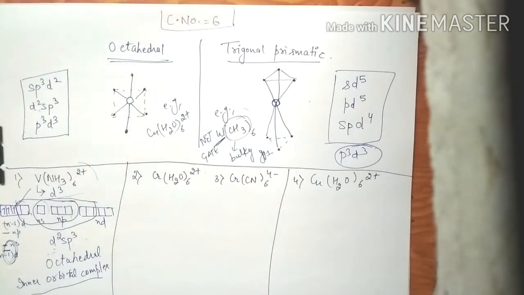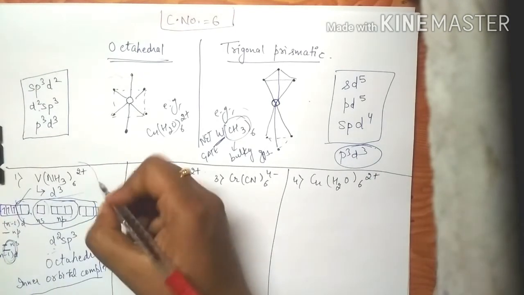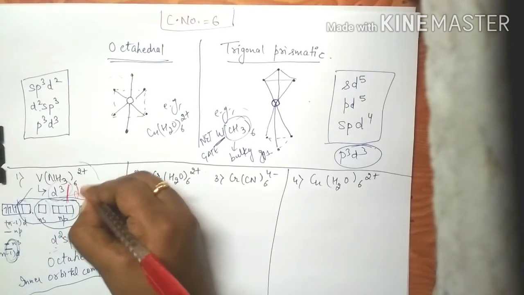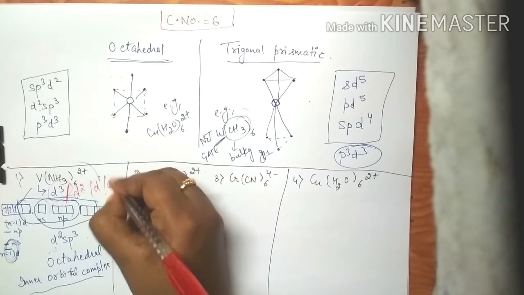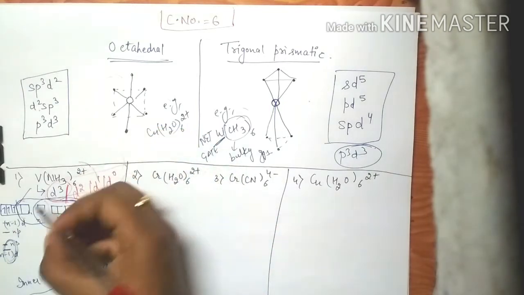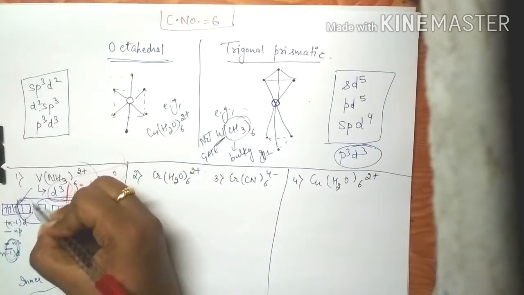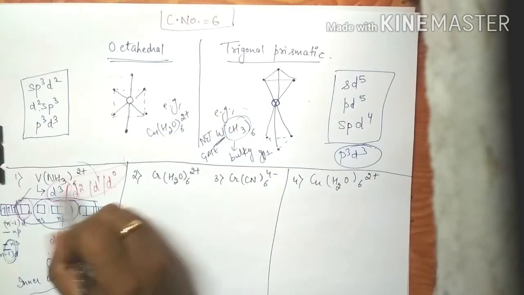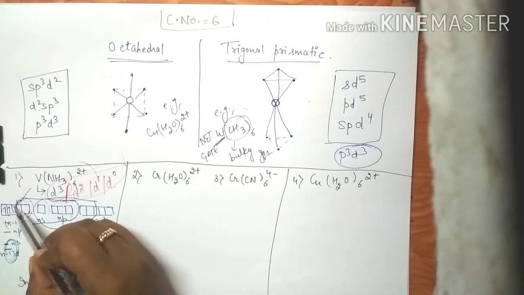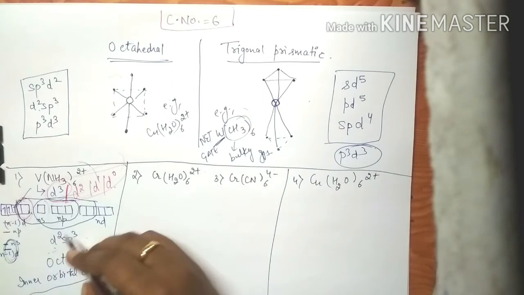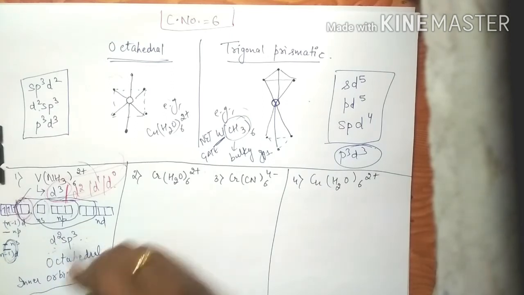From here I'm going to give some conclusions. Here there was a case of d3. It could be the case of d2, d1, and d0 also. In all of these cases we will have 2 d orbitals vacant. Even with no electrons, 1 electron, 2 electrons, or 3 electrons, these 2 d orbitals will be available for d2sp3 hybridization.